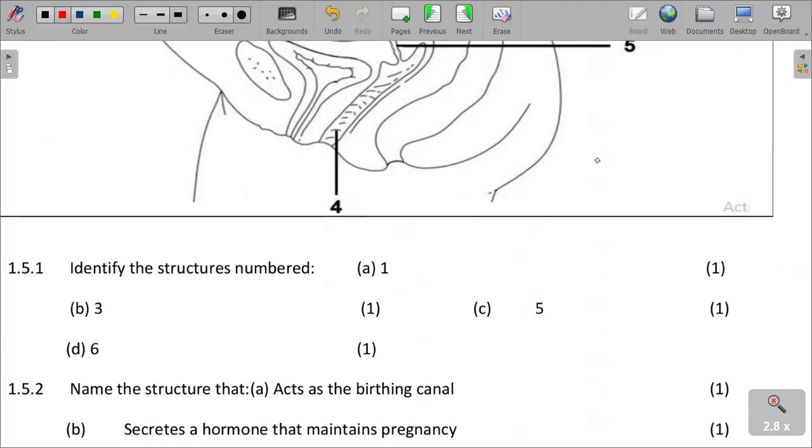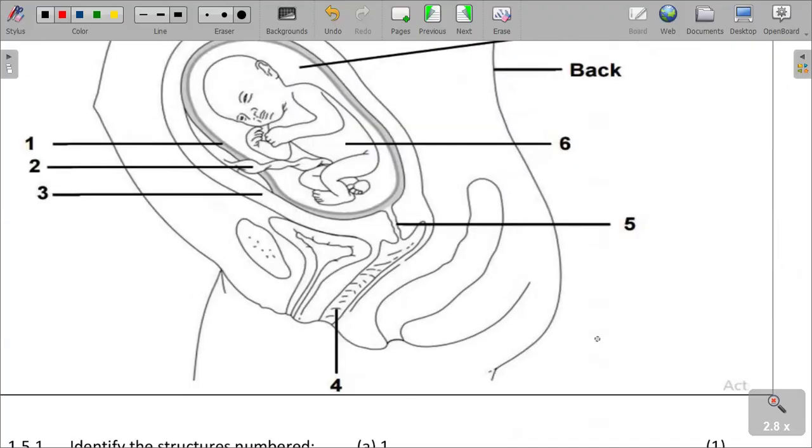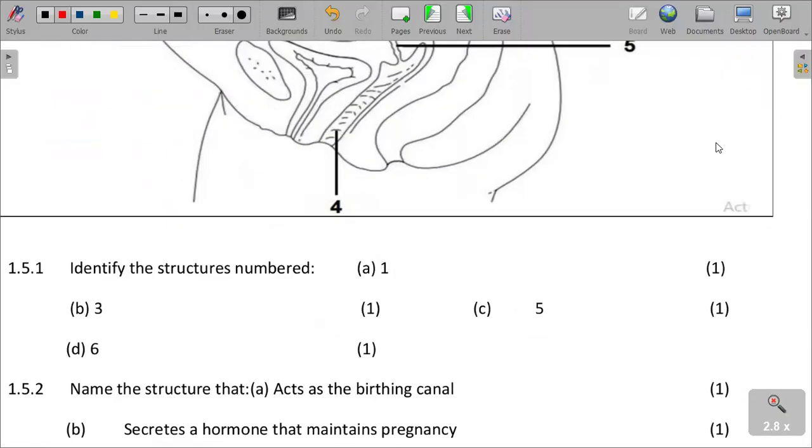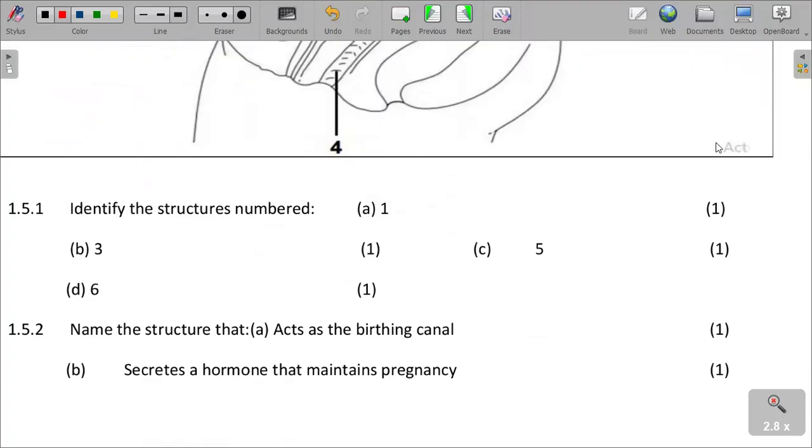So what we are saying is structure numbered 1, as you can see, that is amnion. 1 is amnion, which surrounds the developing baby there. It is covering the developing baby there.